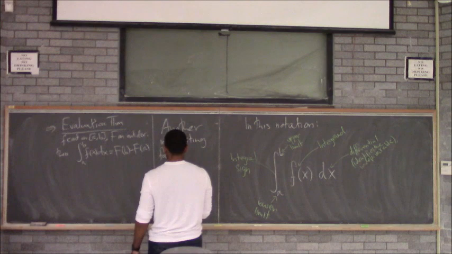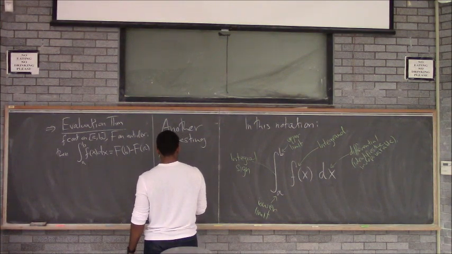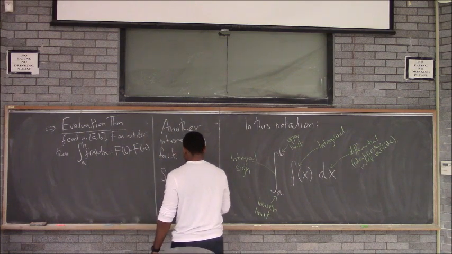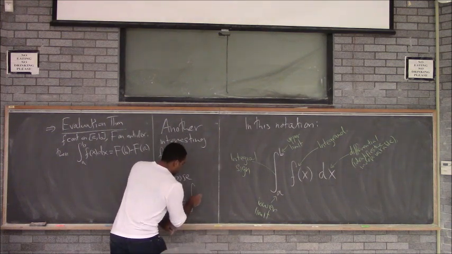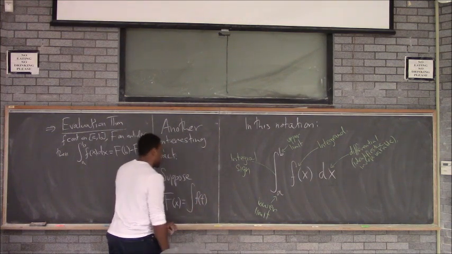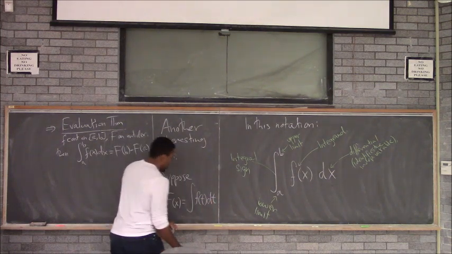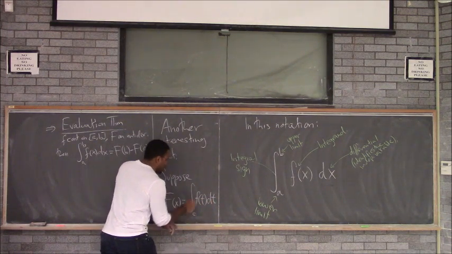Suppose I have big F of x equals something that looks like this: the integral of a little function with respect to some other variable, let's call it t, and I'm integrating from a constant c up to x.